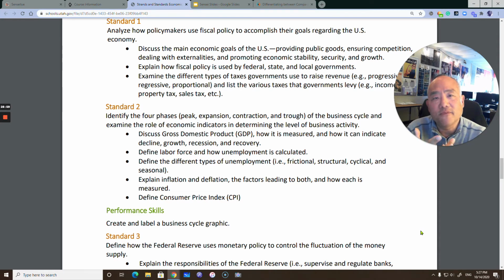There are different types of unemployment: frictional, structural, cyclical, and seasonal unemployment. You could have seasonal unemployment, as in this is the construction season and this is not a construction season, so you might have some people unemployed during the downtimes. This is the season where we pick the fruits and so forth, and we harvest. This is not a time, okay?